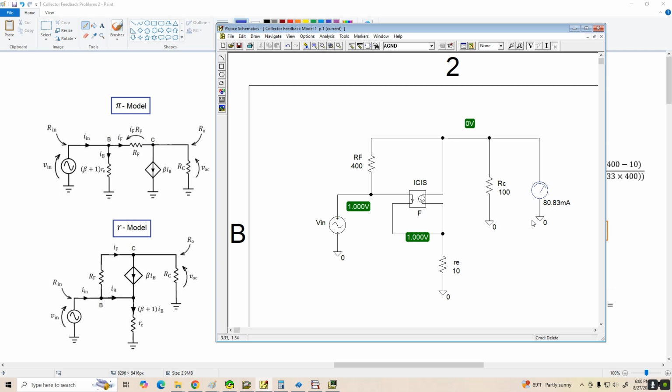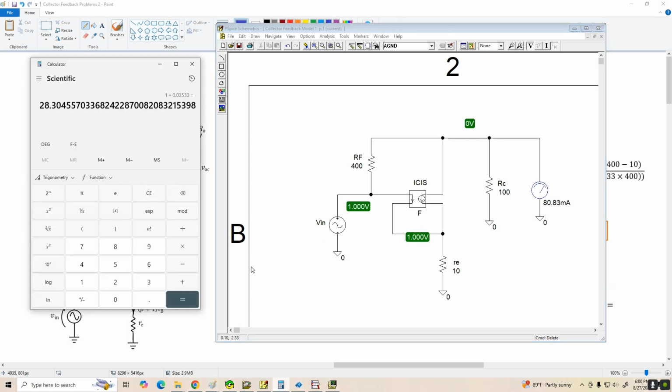All right, so let me get up the calculator here. The output voltage we had was negative, but we're just going to go with the magnitude: 6.467 volts divided by 0.08083, and that gives us a resistance of 80 ohms, almost right on the money.